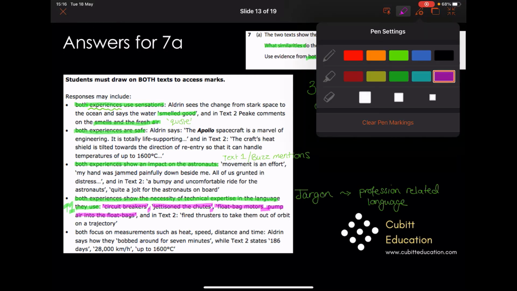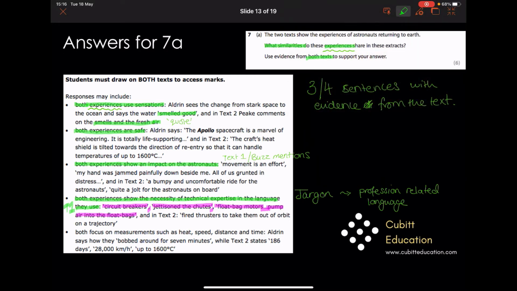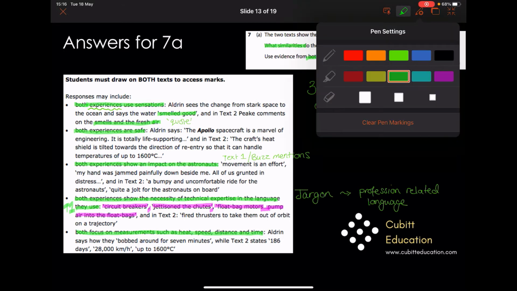Now, another example. Both focus on measurements such as heat, speed, distance and time. Aldrin says how they "bobbed around for 7 minutes", while text 2 states "186 days, 28,000 kilometers per hour, and up to 1600 degrees centigrade." Celsius, sorry. Centigrade.